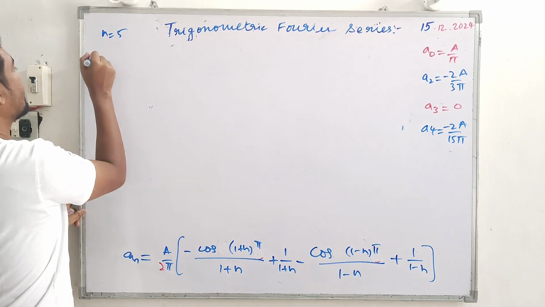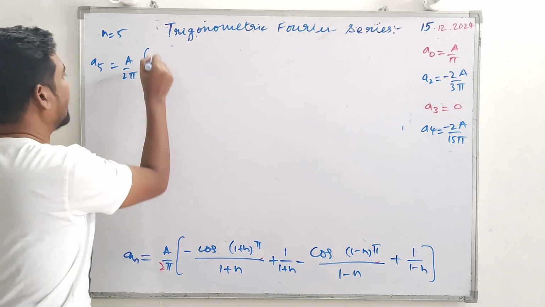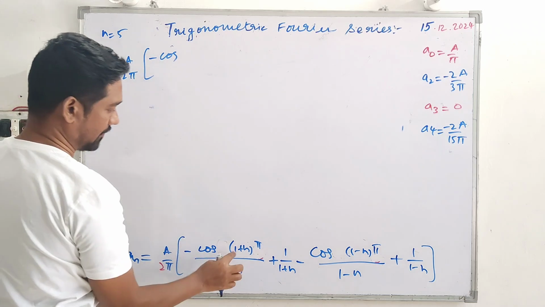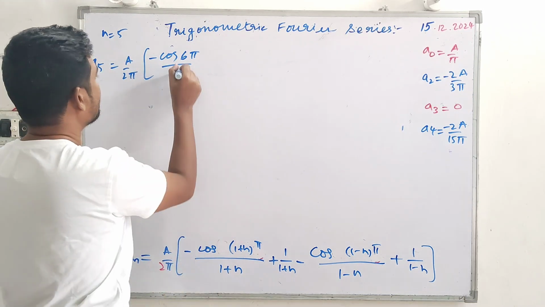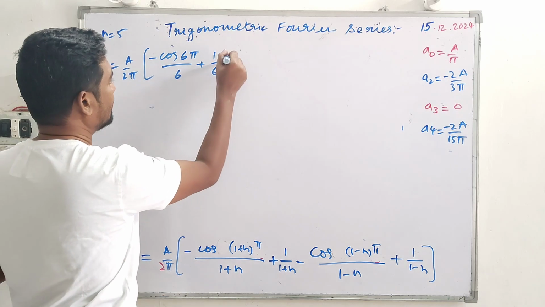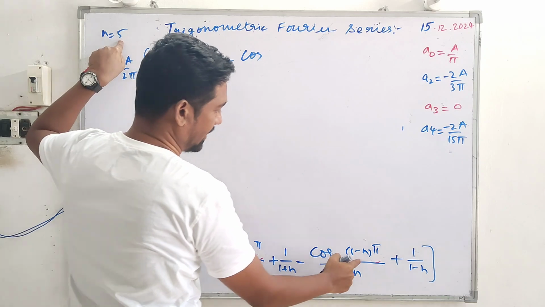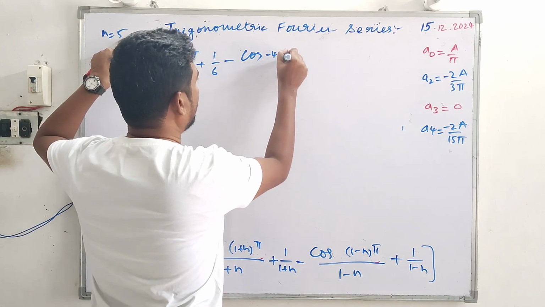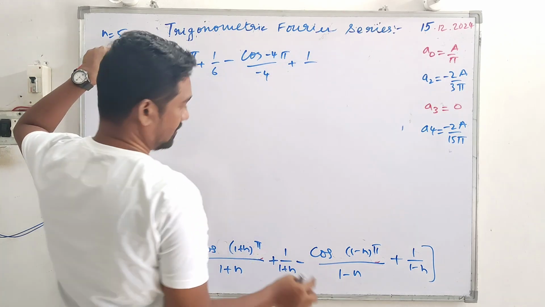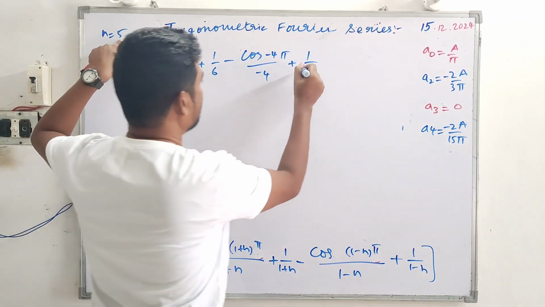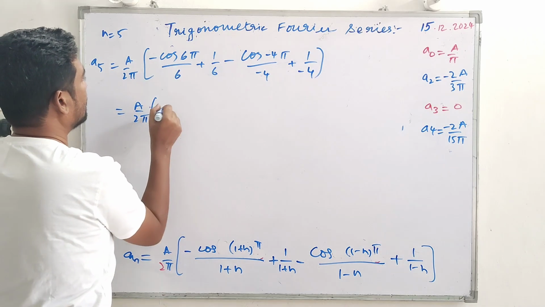N equal to 5 gives us A5, which is equal to A by 2 pi and minus cos 1 plus n, 1 plus 5, 6 pi by 1 plus 5, 6 plus 1 by 6 minus cos. What do we have? 1 minus 5, it's a minus 4 pi by minus 4 plus 1 by 1 minus n, 1 minus 5, minus 4. Alright, so it's a by 2 pi.